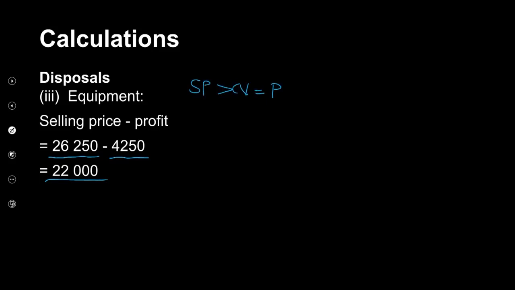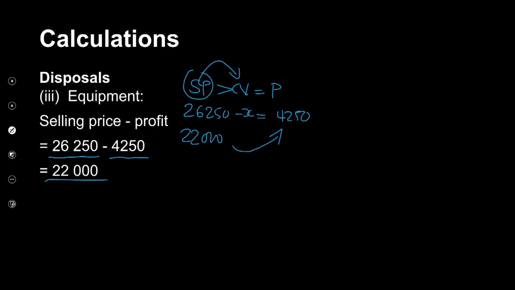Okay? So in this case here, my selling price was 26,250 minus my X amount, which is my carrying value, to give me a profit of 4,250. Clearly you can see that your carrying value was 22,000, meaning that your selling price was greater than your carrying value, which resulted in a profit of 4,250.